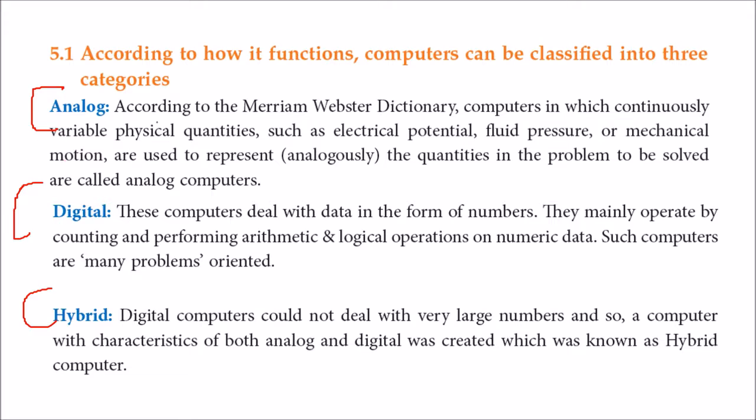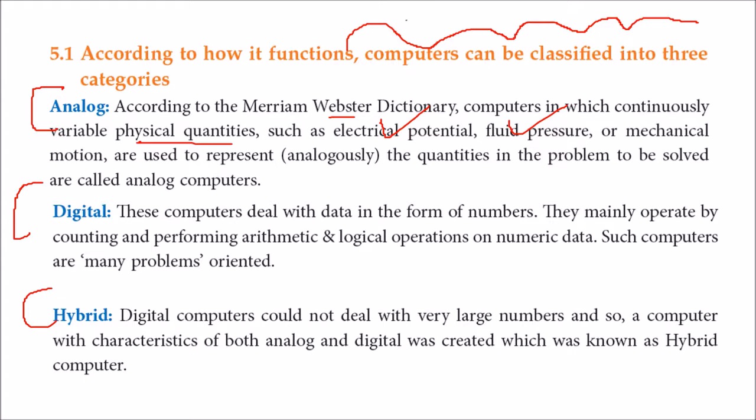Analog: if you go to the Webster dictionary, computers in which continuously variable physical quantities like electric potential, fluid pressure or mechanical motions are used to represent analogously, to solve certain problems, are called analog computers.